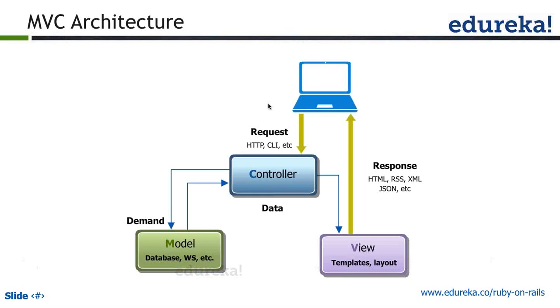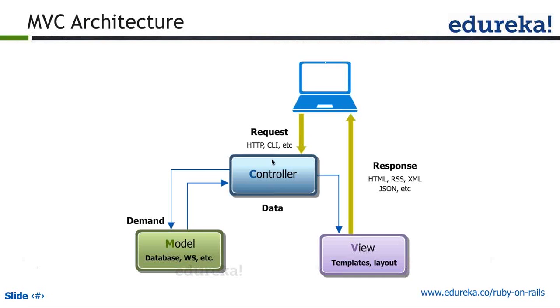That request initially comes to the web server, and the web server passes it to the dispatcher, and through the dispatcher the request comes to the Rails router, which maps that request to a file called routes.rb. That file contains all the routes, or in layman's terms, all the possible pages on the website.